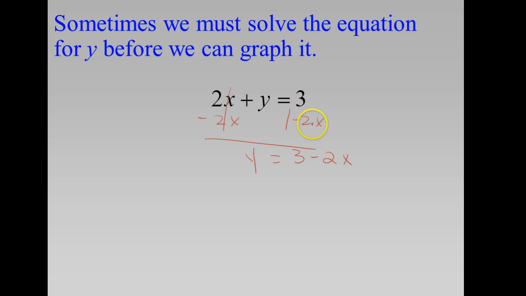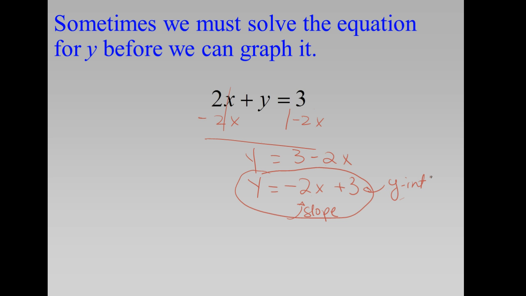Again, we cannot put them together. To rewrite it in slope-intercept form, it's negative 2x plus 3. And we can clearly see the slope in this case is negative 2, and the y-intercept is positive 3.